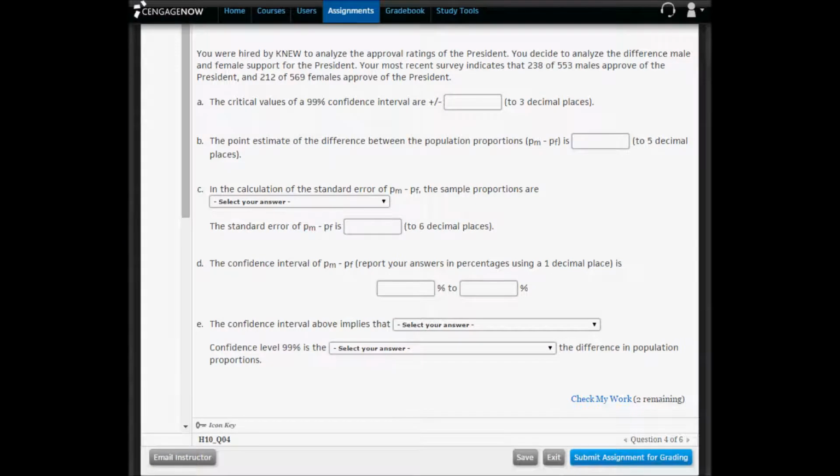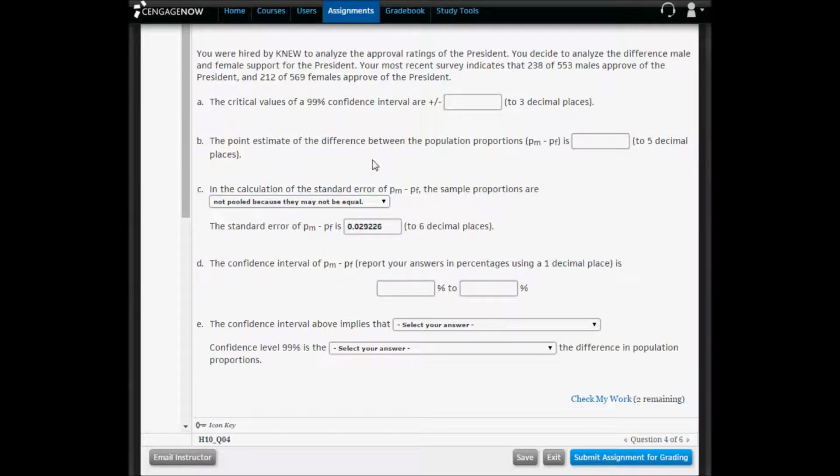Now I'm going to copy the standard error from this spreadsheet into Cengage Now to 6 decimal places. Now in part C, the sample proportions are not pooled because in a confidence interval, the proportions may or may not be equal.